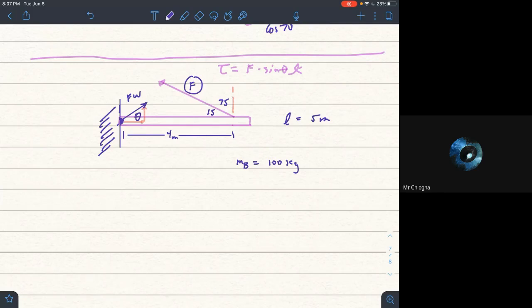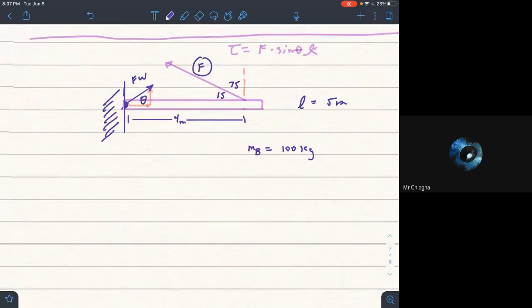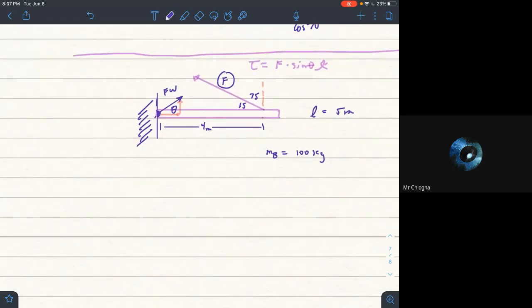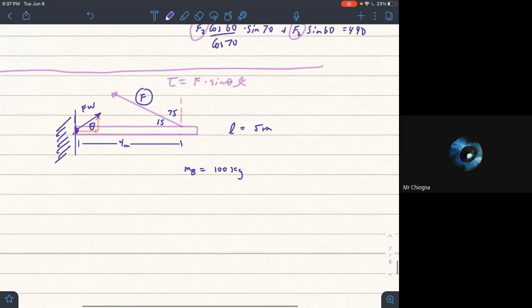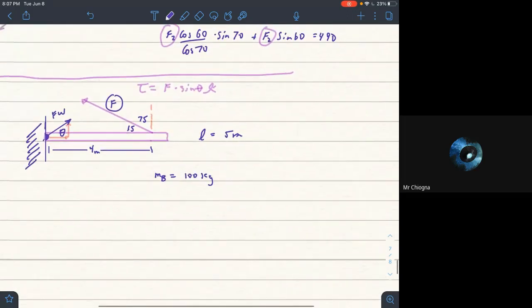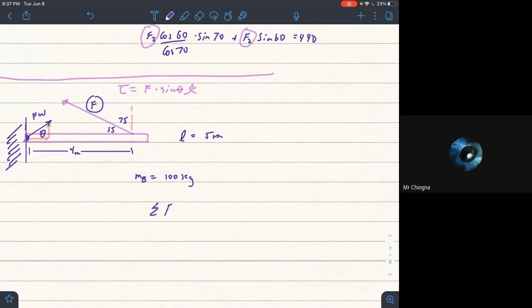How are you going to find F? That's the first question. Find the force on the string that's holding up this beam. Are you going to use this to find F?